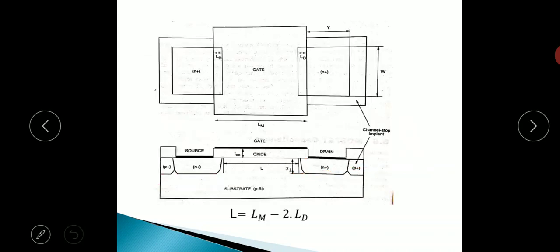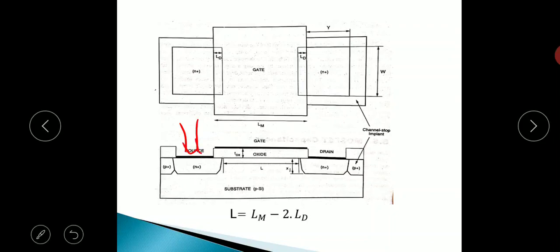So, this one is the cross-sectional view and this one is the top view of the MOSFET. During fabrication, first we fabricate the gate terminal. Then cut two windows in either side of the gate where two N plus regions are formed.